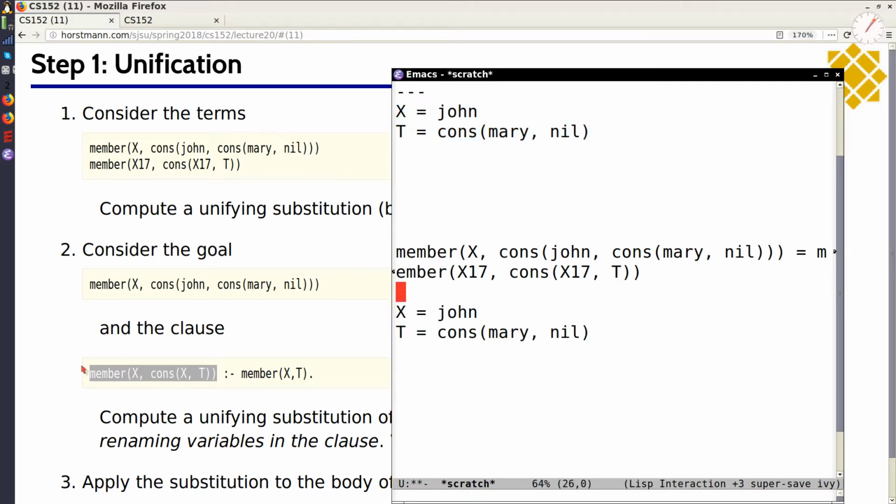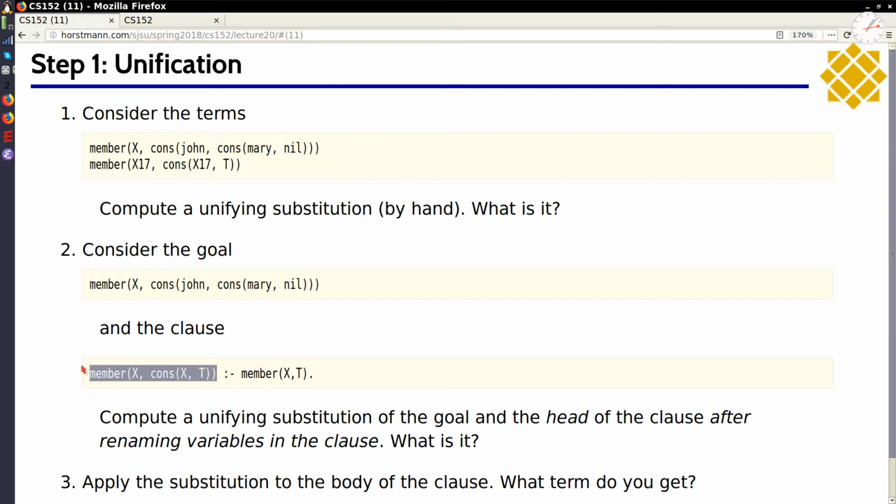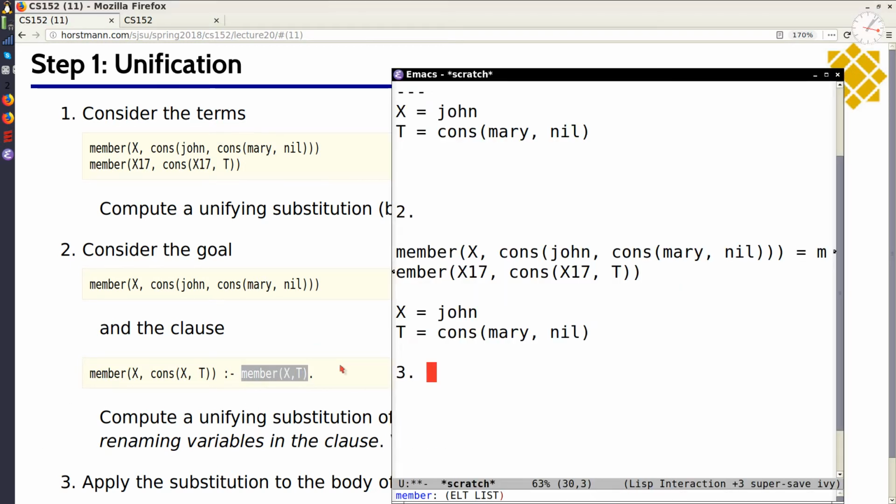That's step 2. And now in step 3, I apply it to the body of the clause. This is the head of the clause, this is the body of the clause, and when I apply the substitution, I get John and cons Mary Nil here. That'll of course be my next goal, which will fail, but whatever.